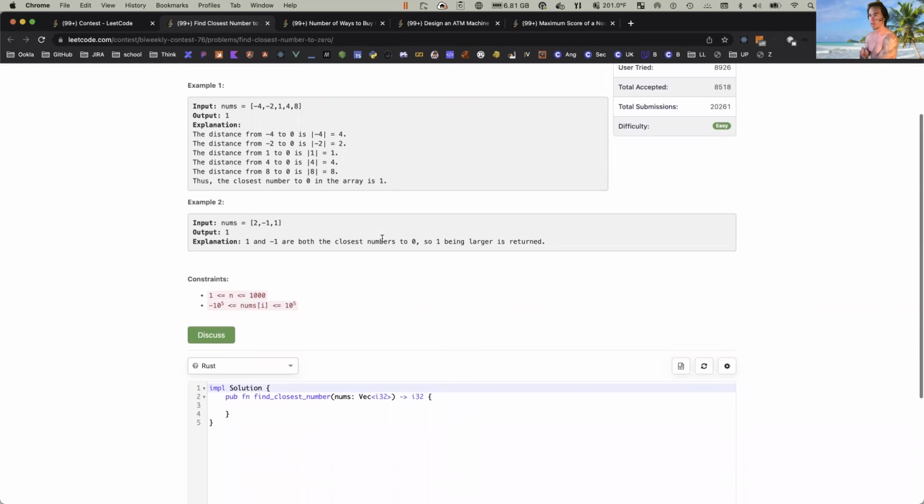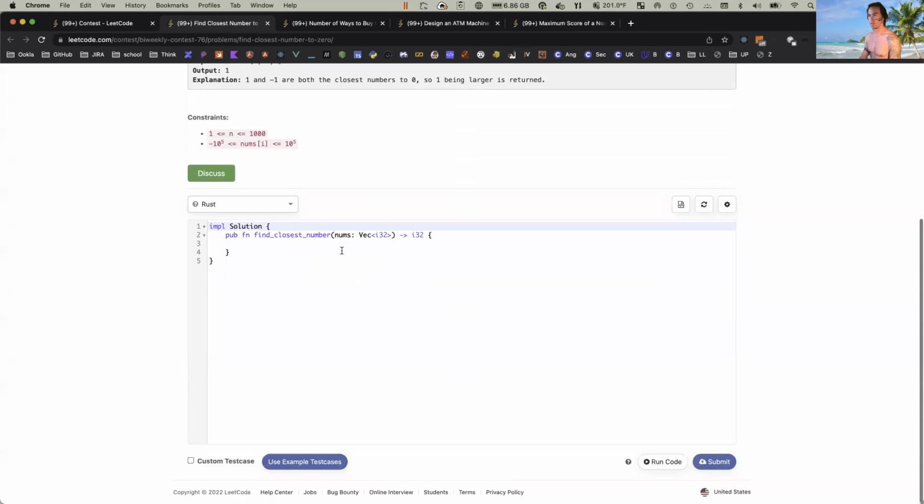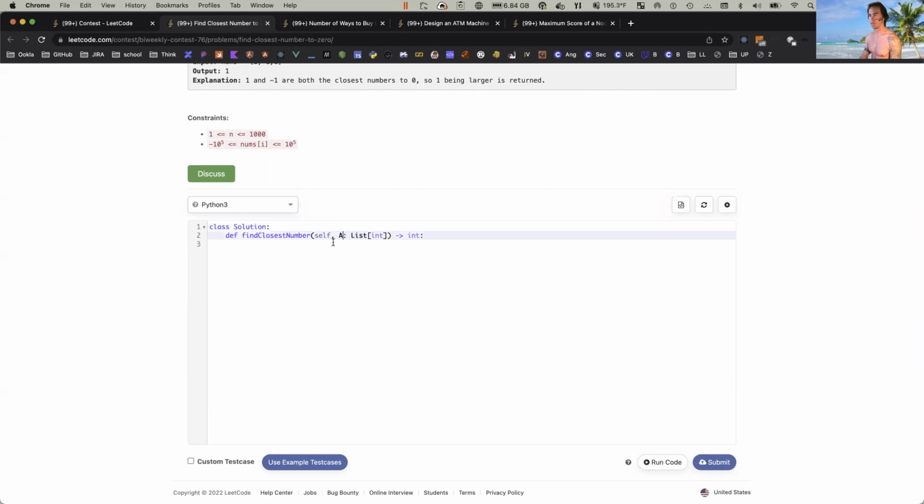Alrighty. Just take the absolute value of whatever it is. Let's see. Best equals 25 plus 1.